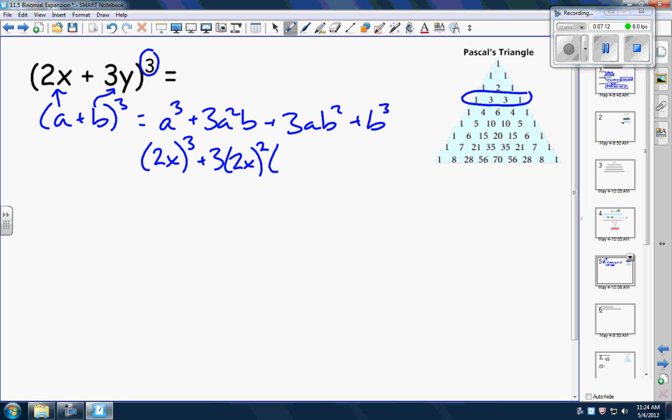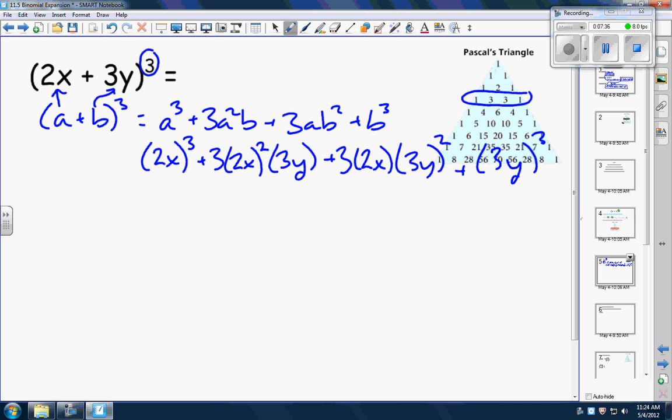And make sure your parentheses are in the right places and you distribute your exponents correctly. Certainly don't try and do this all at once. It's real easy to make a mistake. And once you get this all set up, all you got to do is go simplify it.